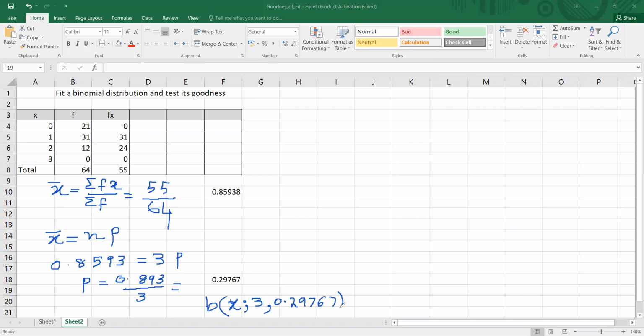We can use the exact value here. So we have to compute all probabilities with the help of these two values of N and P.